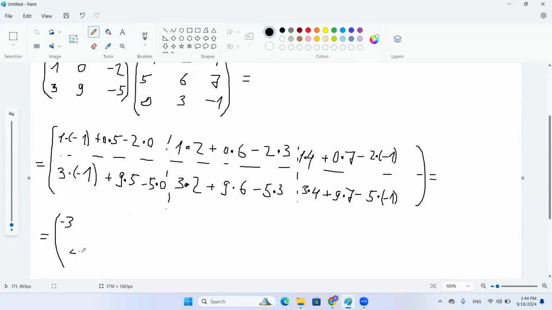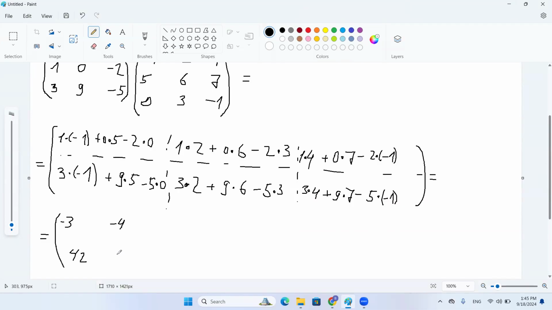Yeah, so 42. Yeah, 42. 2 plus 0 minus 6, it's minus 4. 6 plus 54 minus 15.